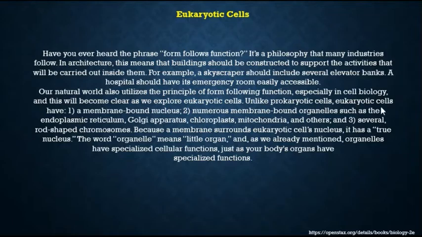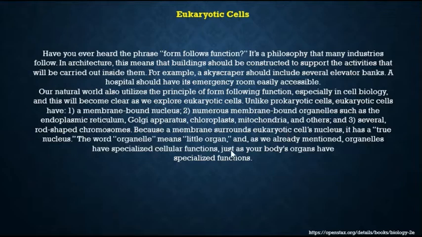Unlike prokaryotic cells, eukaryotic cells have a membrane-bound nucleus, numerous membrane-bound organelles, and several rod-shaped chromosomes. Because a membrane surrounds the nucleus of eukaryotic cells, it is a true nucleus. That's why the name: eu means true, karyote means nucleus. And in prokaryotes, pro means before, karyote means nucleus. So before nucleus and true nucleus.